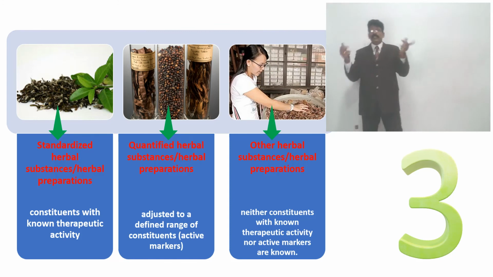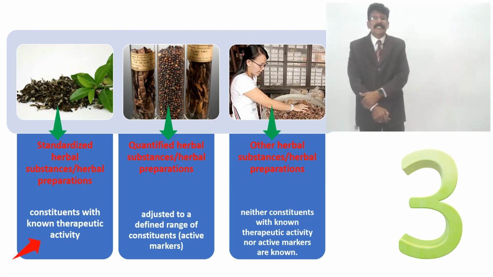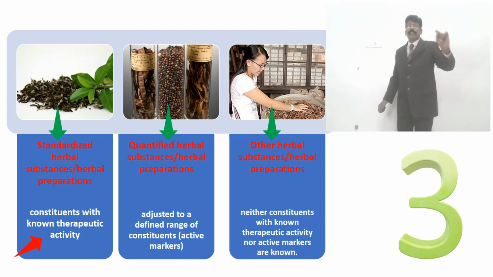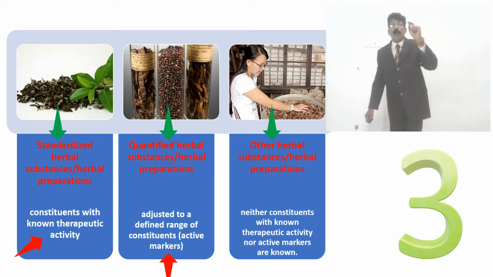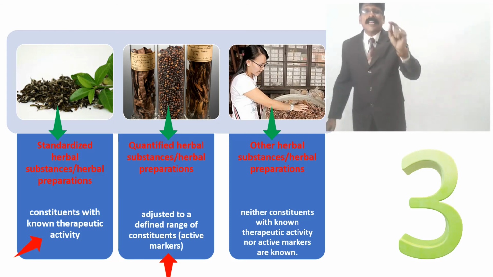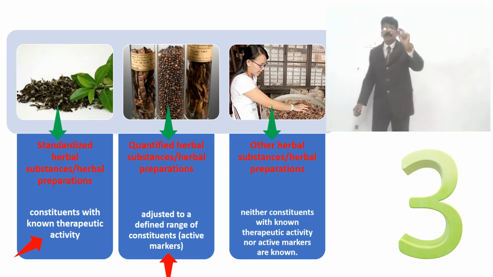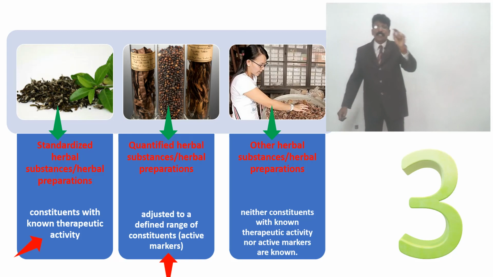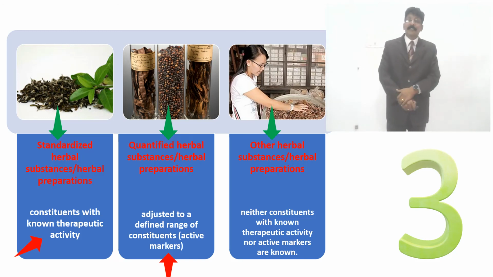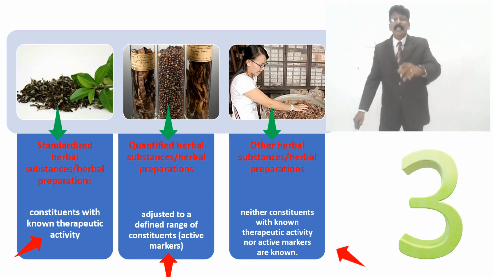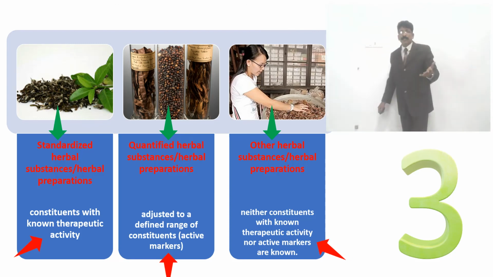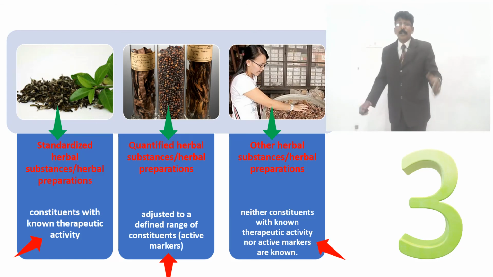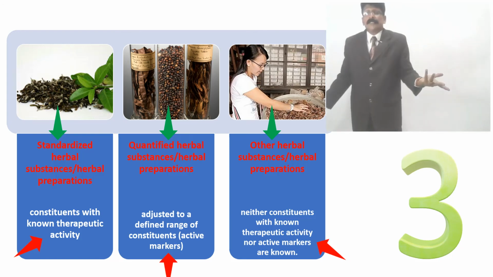And what is inside, as we have seen before: constituents with known therapeutic activity. The second one, quantified, means adjusted to a defined range of constituents, that is, active markers or active principles of the particular herbal drug. Other herbal substance means substances for which neither constituents with known therapeutic activity nor active markers are known.